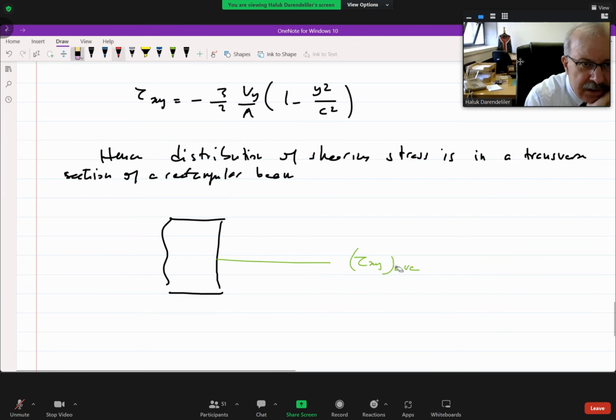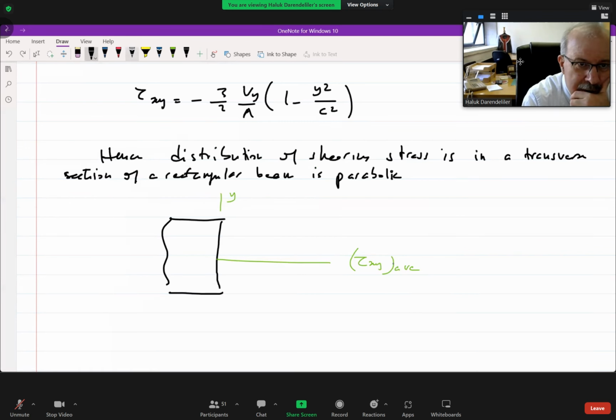Okay, is the following. Now look at the above equation. When y is equal to C, stress is 0. When y is 0, it's maximum. So we can say that this distribution, it is very clear from the figure, is parabolic.